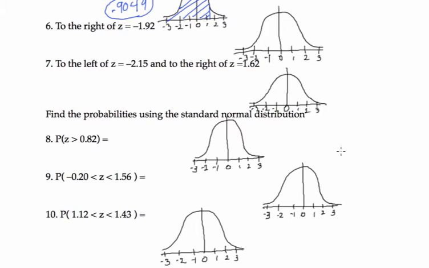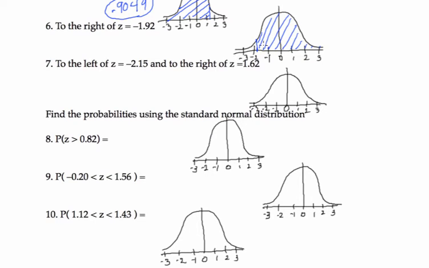Number 6, to the right of z equals negative 1.92. So the z-scores are on the bottom. Negative 1.92 is about here. So I want to the right. Now you have to be careful here, because remember that your table gives the probability that it's to the left. But we know that this whole thing is 100%.